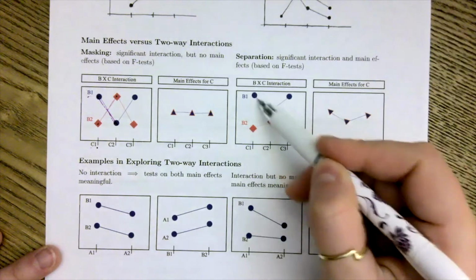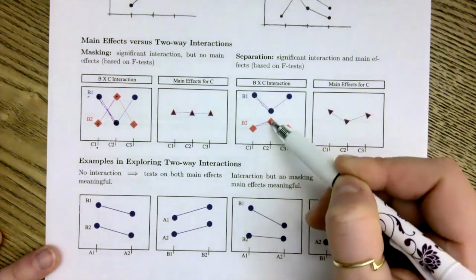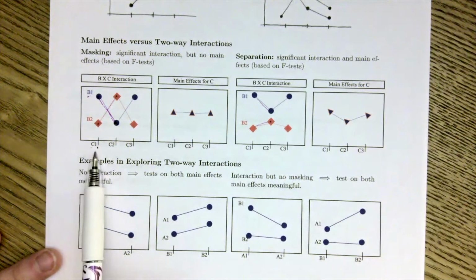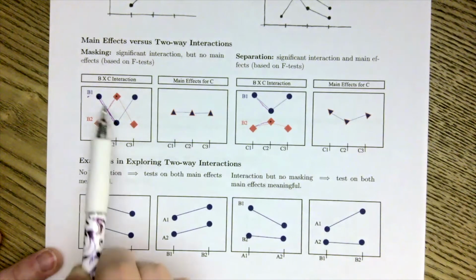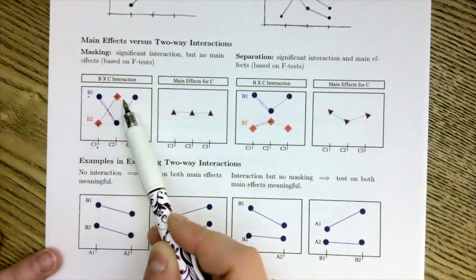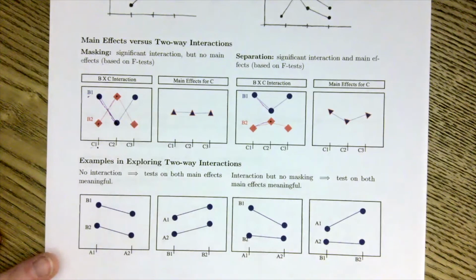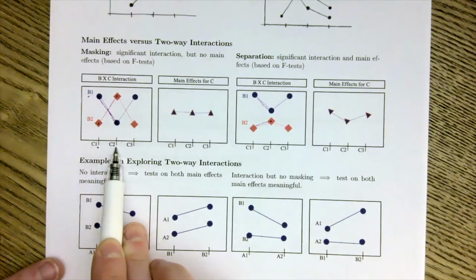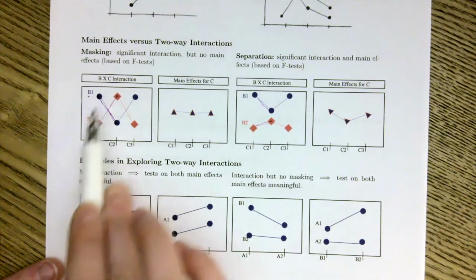Here, we can see that this is going down and this is increasing. So again, there's a difference. The effect of what's going on from factor C1 to C2 in B1 and B2 are different. So in order for us to tell someone what's going on from C1 to C2, we also have to tell them what's going on with B1 and B2.